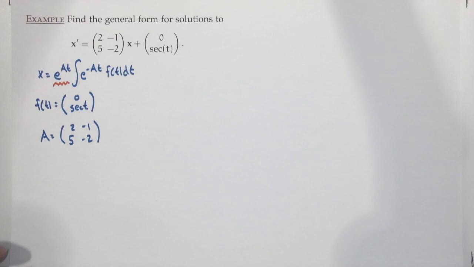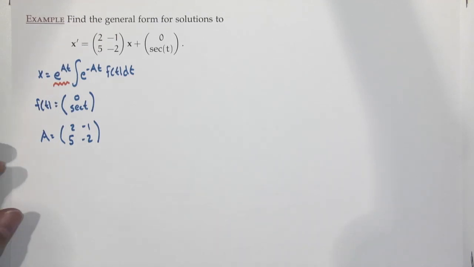E to the minus At is essentially a freebie once you have e to the At. You don't even have to think about it. And we'll show you what we mean when we get there. So we know we're shooting to get e to the At. If we're shooting for e to the At, what do we do to A at the start? Eigenvalues. Yeah, you always need to start with the eigenvalues.